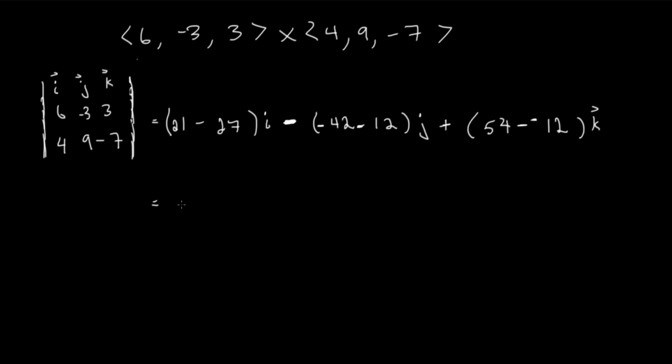So 21 minus 27, that is going to be negative 6i. Negative 42 minus 12, that's going to be negative 54, but we have a negative here, so we're going to have a positive 54j value. And then over here, we're going to have 54 minus negative 12, that's going to be plus 12, that's going to be 66.